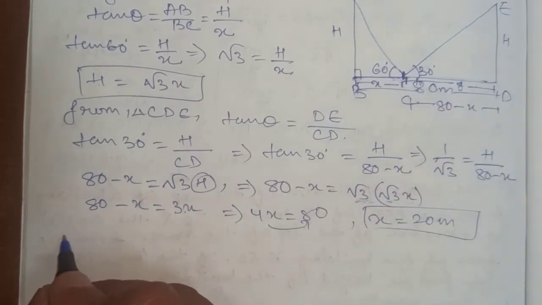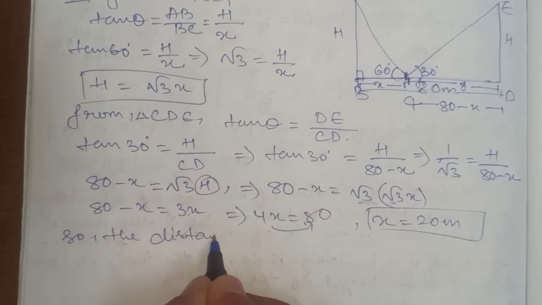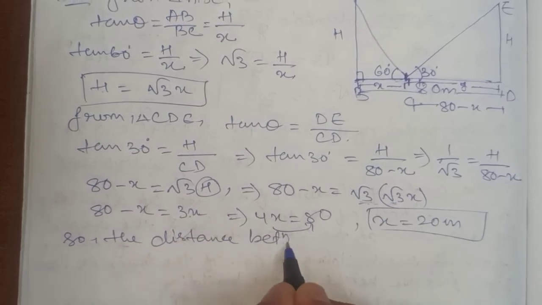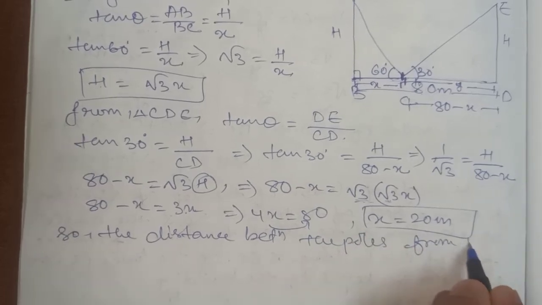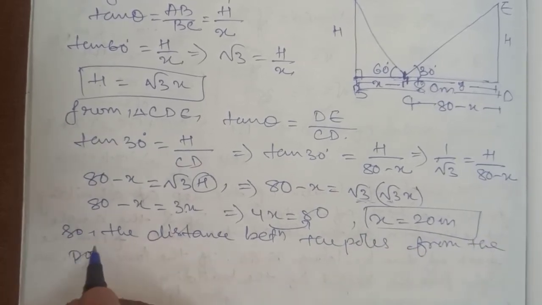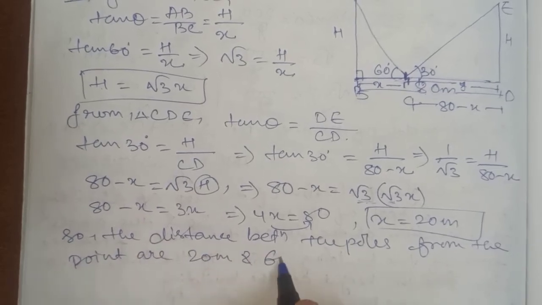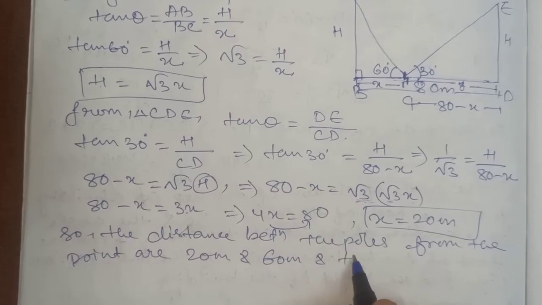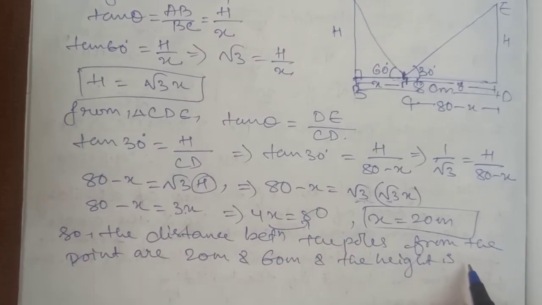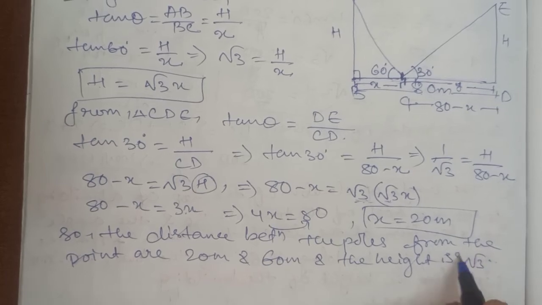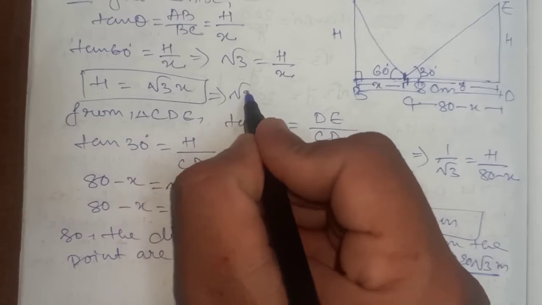Getting? So the distance between the poles from the point are 20 meters and 60 meters, and the height is root 3 into 20, that is 20 root 3 meters, because height is root 3 into x.